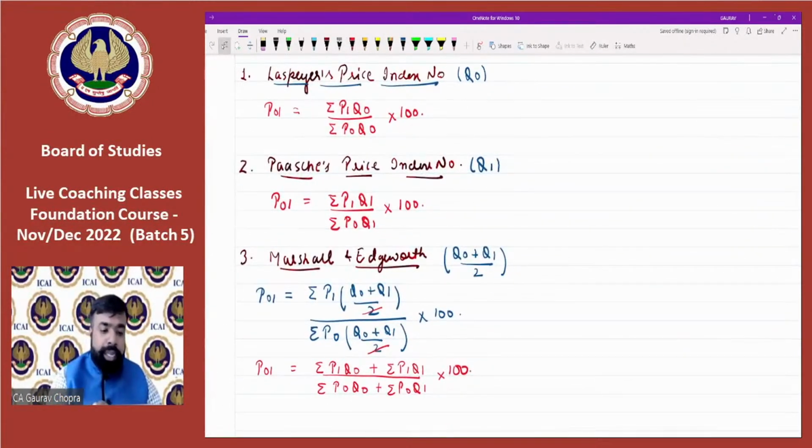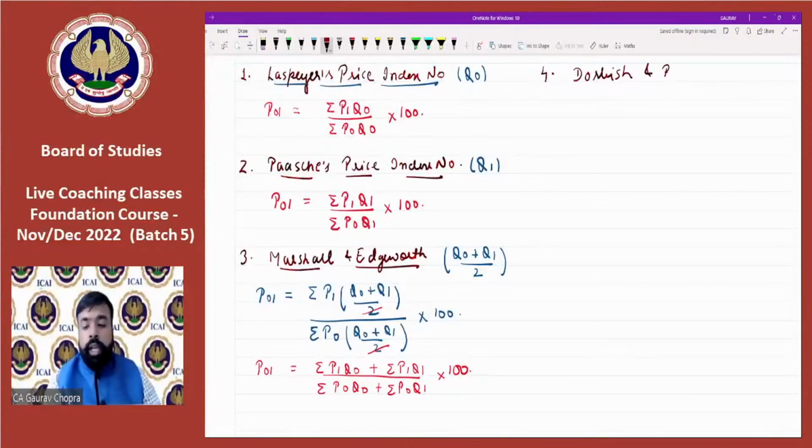Then comes the next one. So the next one was Dorbish and Bowley, Dorbish and Bowley's price index number. So now, Dorbish and Bowley ने क्या कलाकारी की?